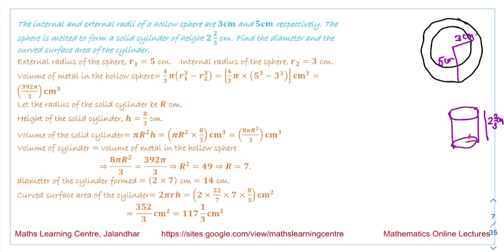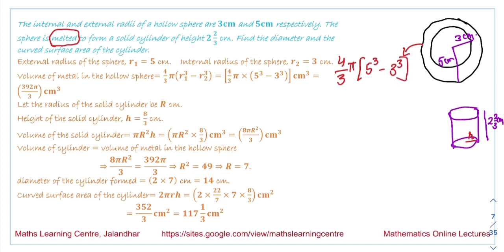Suppose the radius of this cylinder is r. So first of all we are calculating the volume, because it is given that the sphere is melted and recasted in this form. It means the volume of the material will be the same. So the volume of this hollow sphere will be 4 by 3 pi into 5 cube minus 3 cube.